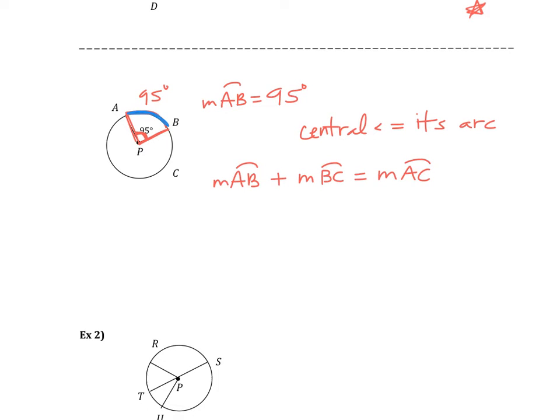That's like the segment addition postulate that we've done before. So AB plus BC equals that whole thing. This one is the arc addition postulate, which you don't necessarily need the name of, but I will write it here just in case you want it.